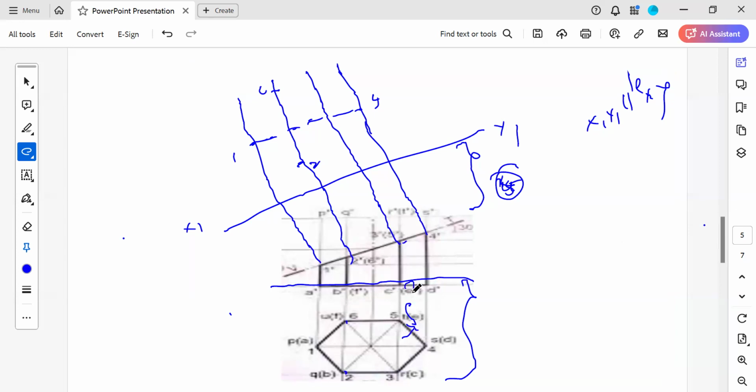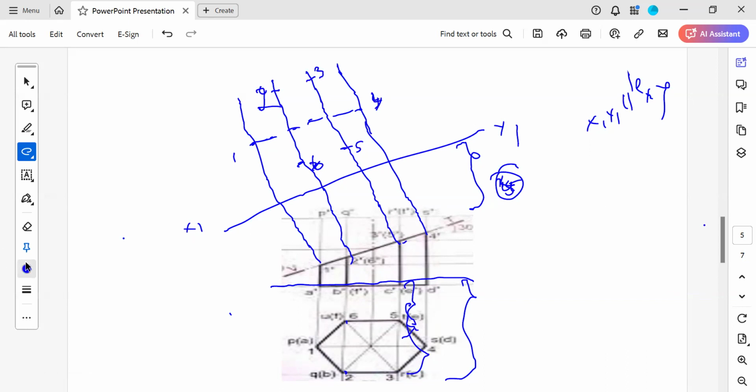You measure these distances and you place the same distances here. So this will be 6 and this will be 2. This will be 5, this will be 3, and the last one, 4, is already there.